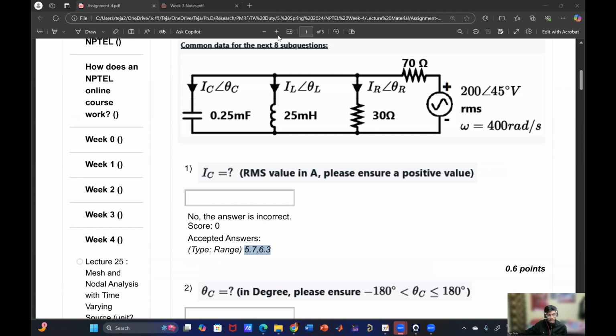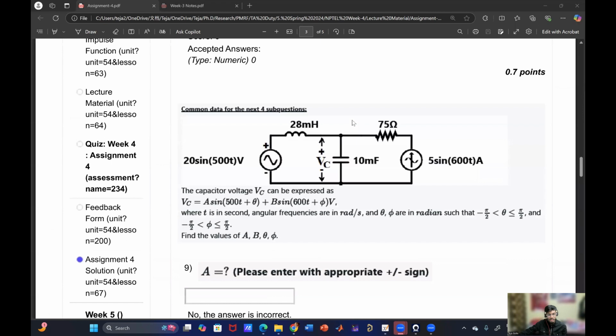We have solved this problem, and you have also solved. Shashidhar, we have solved this problem, right? I will share my screen. Okay, please share.